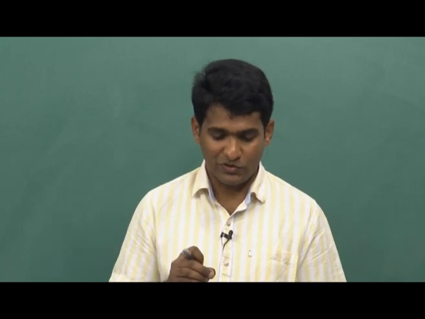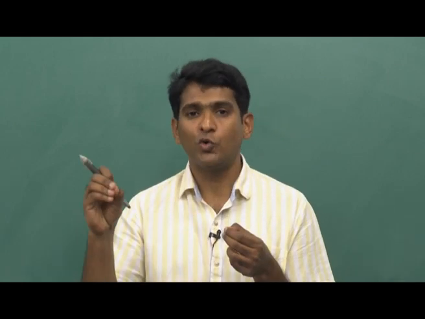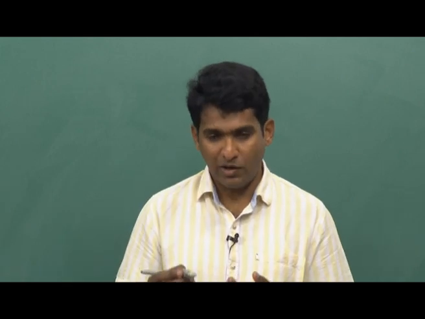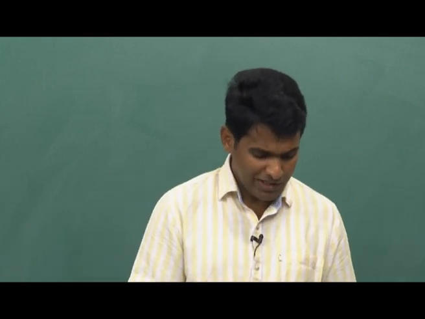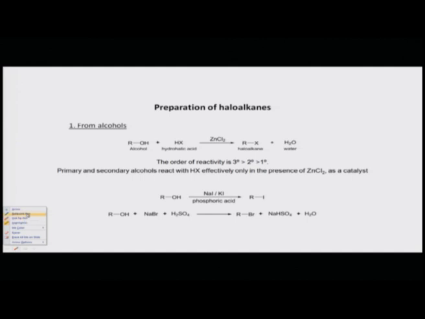Because of the positive charge now, this OH2 group is actually like a water molecule. So what I mean to say here is that your ROH, when you treat it with an H+, becomes ROH2+. This particular group has retained a positive charge.